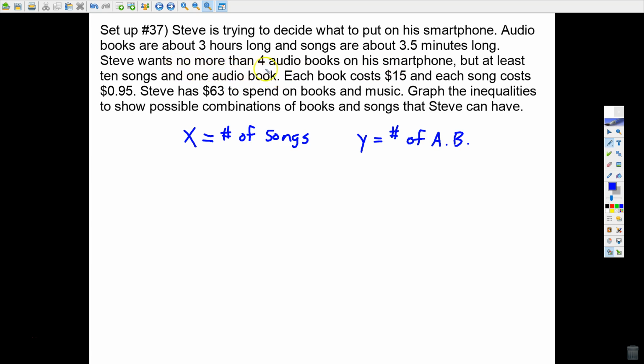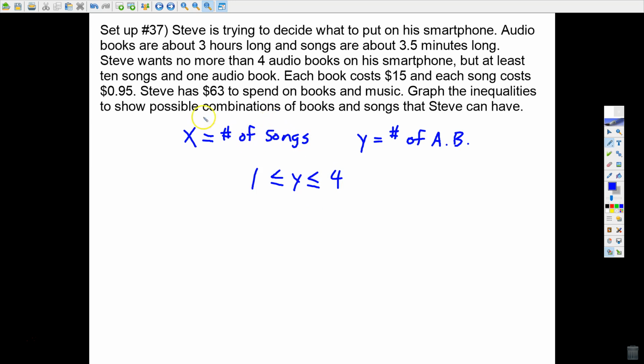He wants no more than 4, so 4 at the most, but he wants at least 1. So using y as our variable for audiobooks, we can say basically he wants between 1 and 4. He wants at least 1, but he doesn't want more than 4.